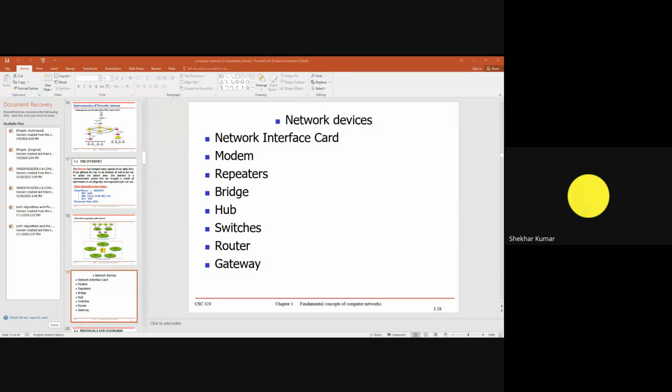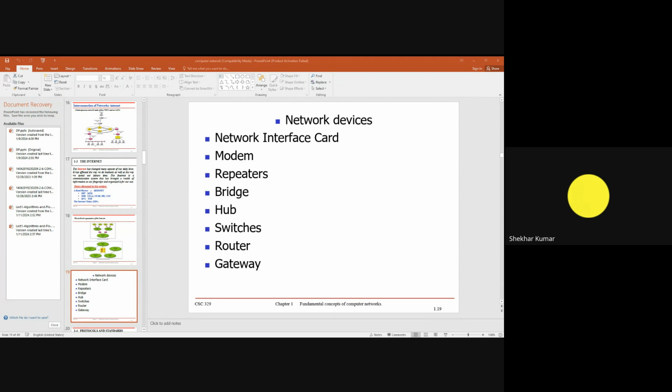A hub is the most straightforward network connecting device because it connects the LAN components. It can be used with digital data as well as analog data. There is only one task, that is to simply broadcast the data which it receives.